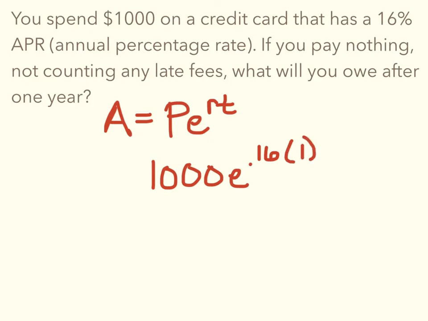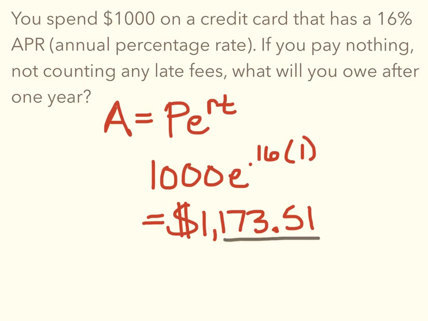And we're just going to punch that in the calculator, and we'll see that after 1 year, we owe $1,173.51. And that doesn't sound so bad, except that that's $173.51 that you're not really paying for anything except for the fact that you haven't paid your bill. So that adds up, and it adds up fast.